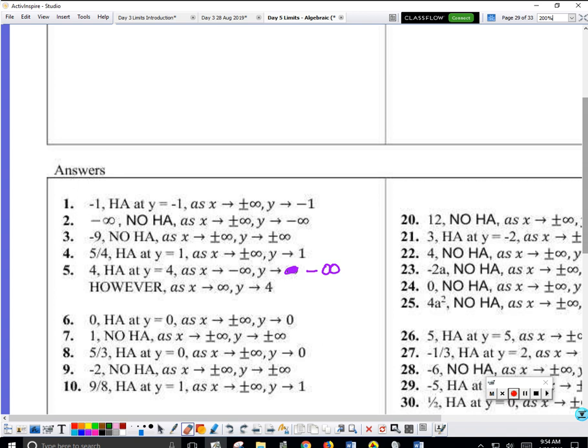For example, problem number 1, the answer to the limit is -1. Then you're asked to find the horizontal asymptotes. So I listed there's a horizontal asymptote at y equals -1. The rest of this you don't necessarily have to write. I'm just trying to make sure you understand how I figured out that there was a horizontal asymptote. So I'm giving you some additional information in each answer to help you. So don't feel confused by that. Questions about how the answers are laid out?